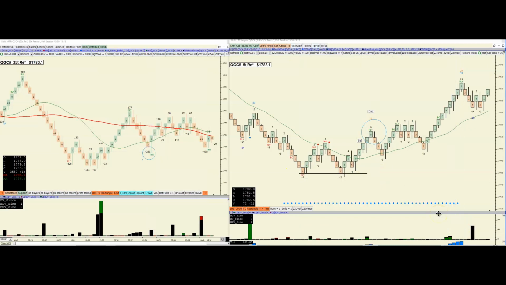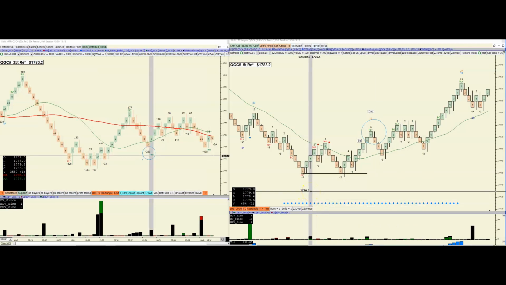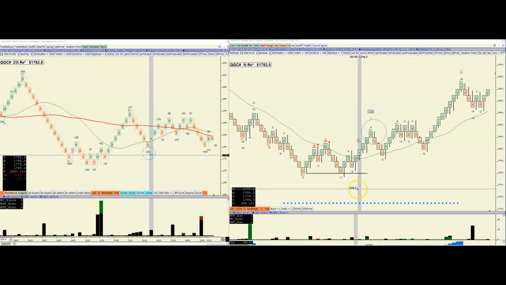So no question about that. But it's possible that this is it. And you have a breakout.